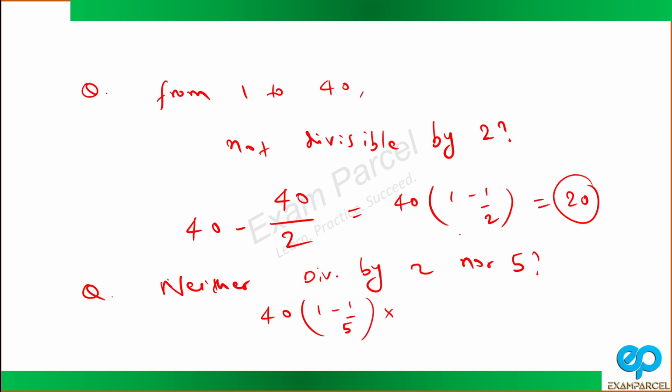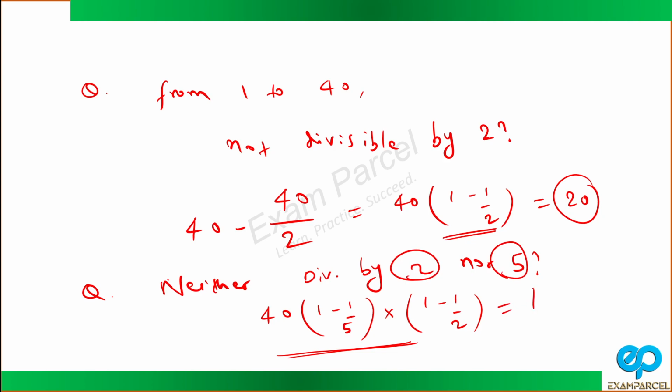Let's see if I multiply by this factor, this will give me not divisible by 2 also, right? So it means this is the number of numbers from 1 to 40 which are neither divisible by 2 nor divisible by 5, right? So from here you can get 40 into 4 by 5 into half. So from here you will get 4 into 4, 16.